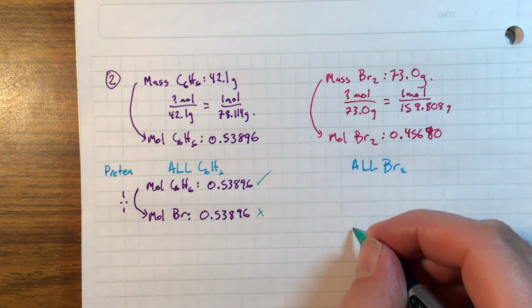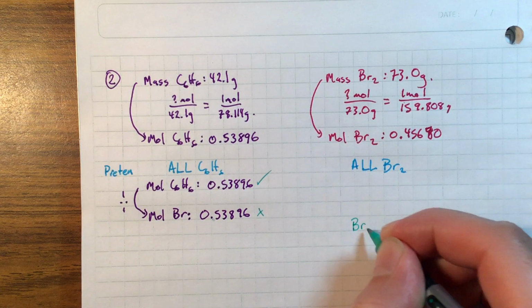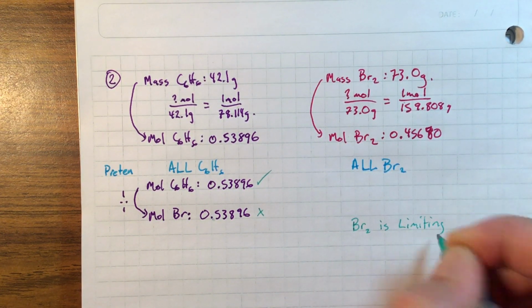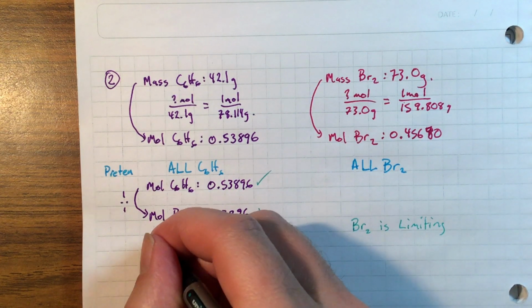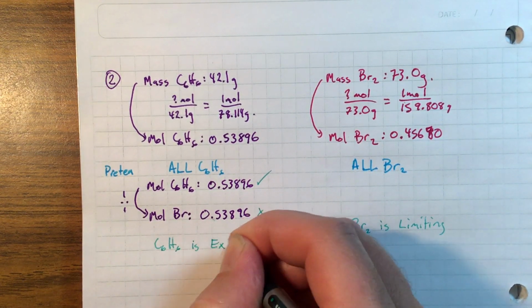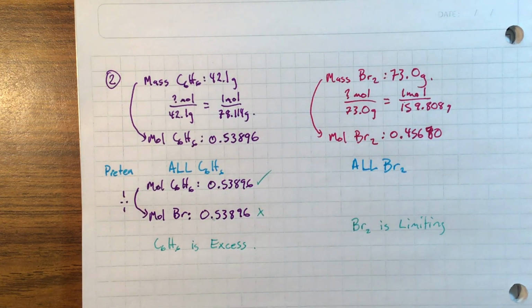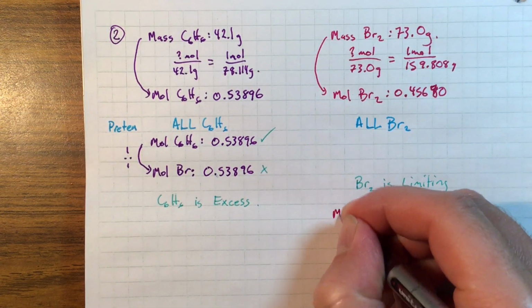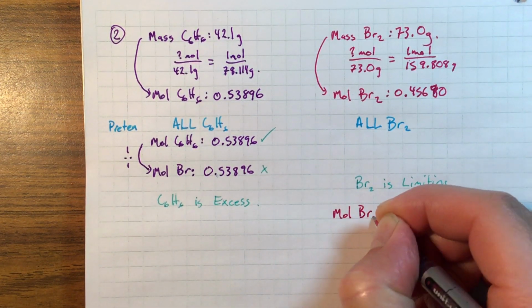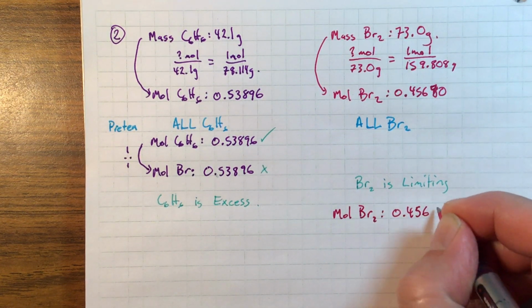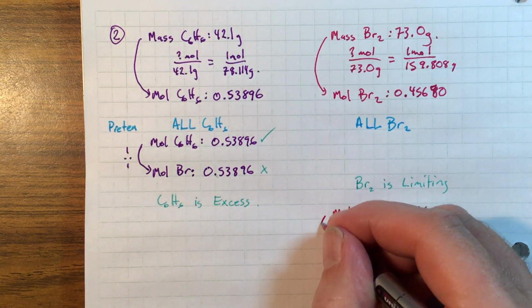That means this one over here, Br2, is limiting, and C6H6 is excess. So we're going to use our Br2 to continue on with the stoichiometry. We know our moles of Br2, 0.45680 to 5 sig figs.